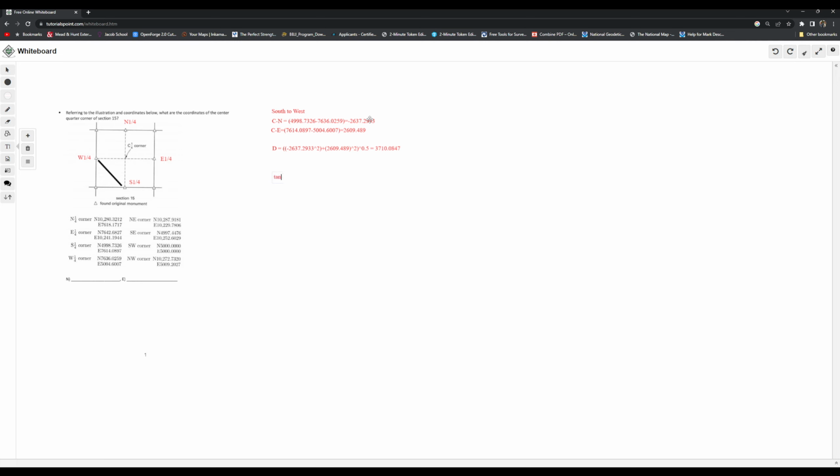So tangent inverse, again, I don't have a way to do that, so parentheses. The change in easting is 2609.489 divided by the 2637.2933. Now we calculate that tangent inverse, parentheses, 2609.489 divided by 2637.2933.